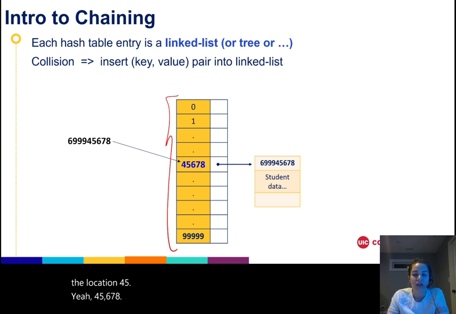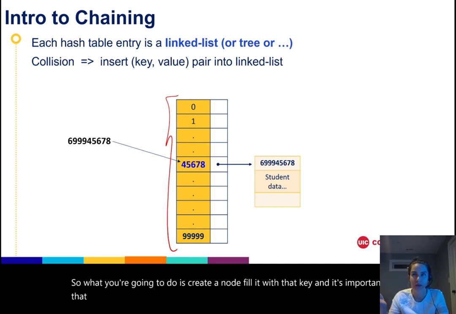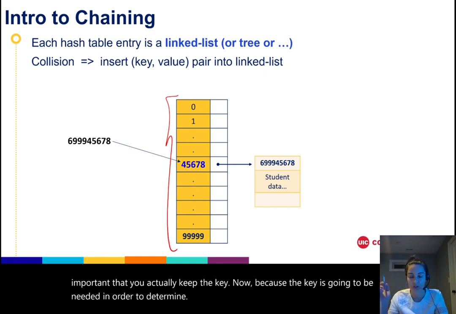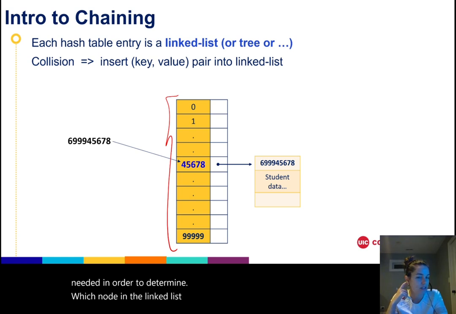So what you're going to do is create a node, fill it with that key, and it's important that you actually keep the key now, because the key is going to be needed in order to determine which node in the linked list matches the key that was passed in.